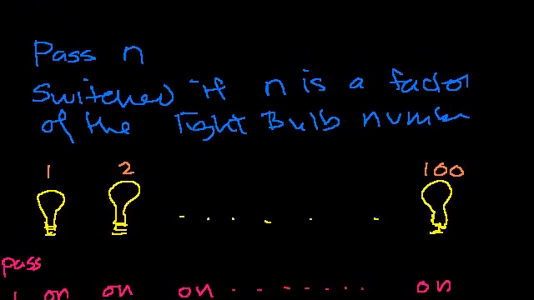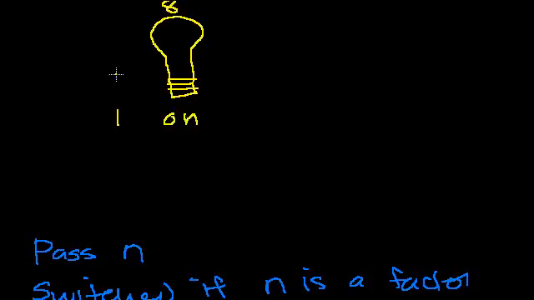So for example, if we're looking at light bulb, let me draw light bulb 8. This is light bulb 8. So when will it be switched? On pass 1, we're definitely going to switch it on. Pass 2, it'll be switched off. I know that because 2 is divisible into 8.